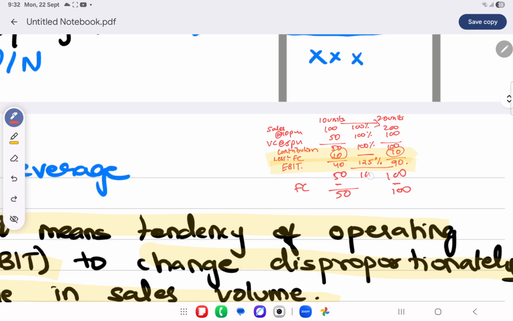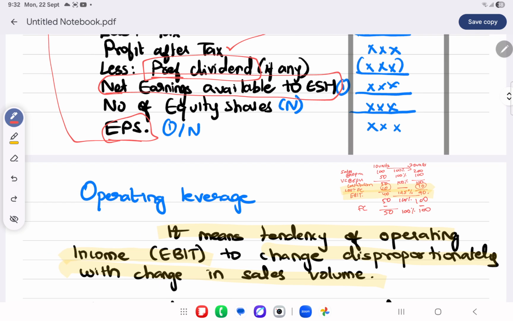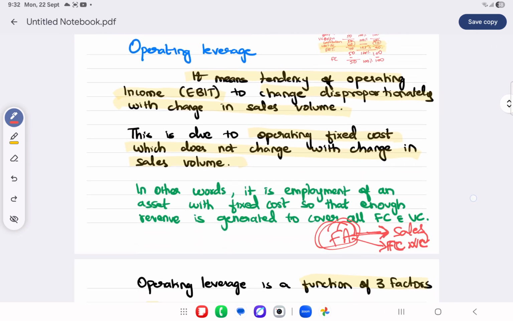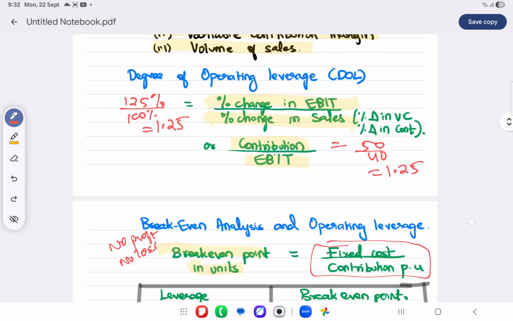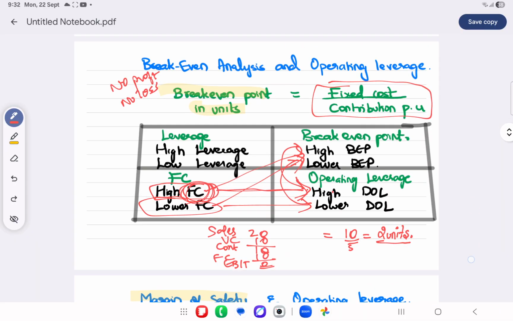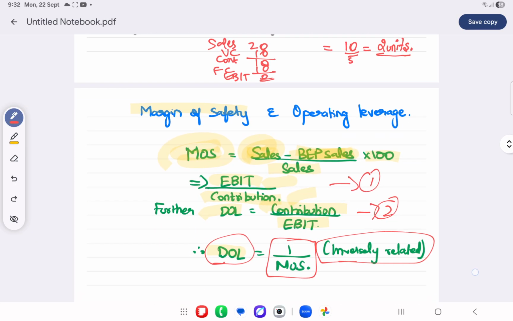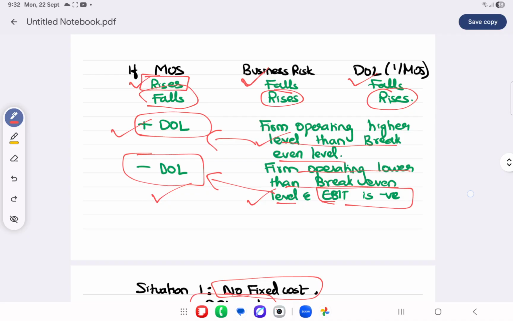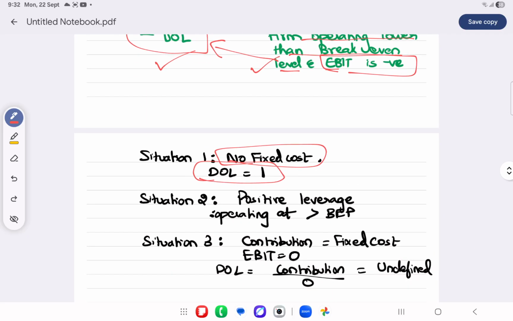So the percentage change is 100% only. There is no disproportionate change because the fixed cost is nil. So percentage change in EBIT divided by percentage change in sales would be same. So the degree of operating leverage will be 1.